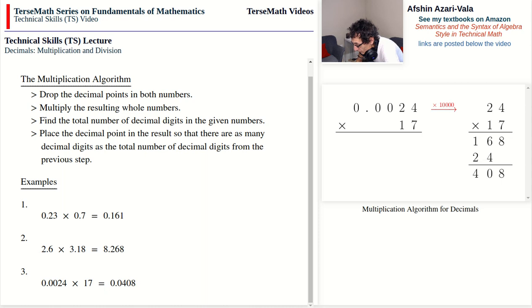In going from 17 to 17, of course, the size of the number did not change. And so the answer that we get will be 10,000 times larger than what we are seeking. And to make it 10,000 times smaller, we move the decimal point back over 4 digits. And we end up with 0.0408.